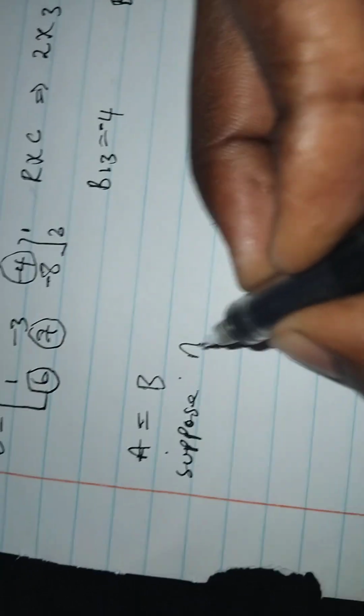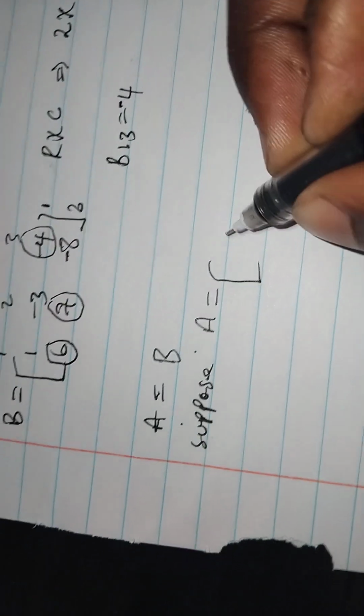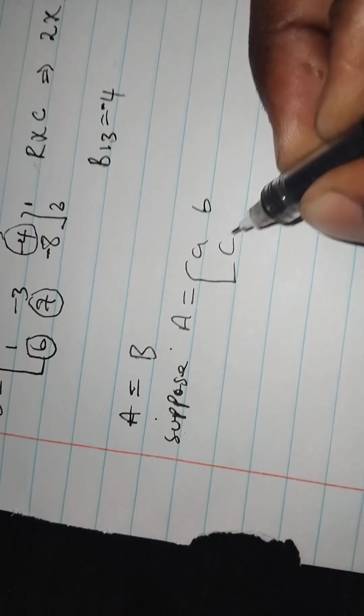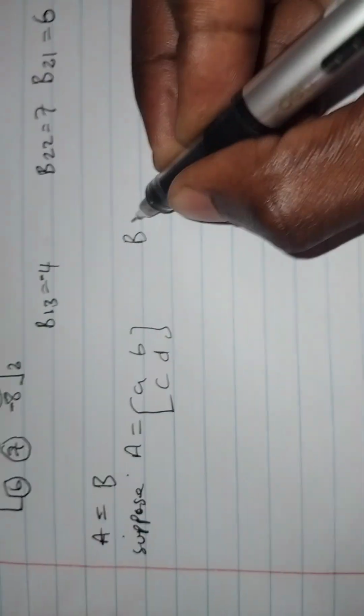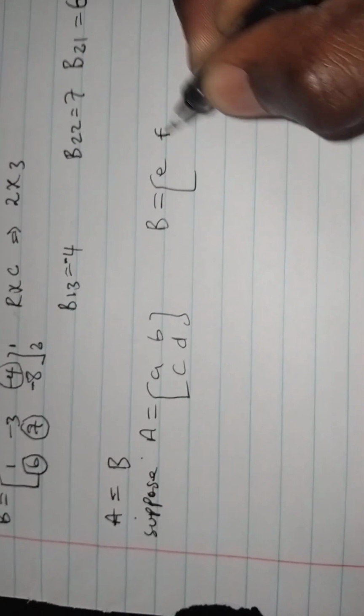Suppose matrix A has entries A, B, C, D, and matrix B has entries E, F, G, H.